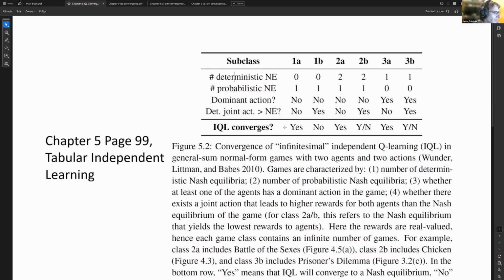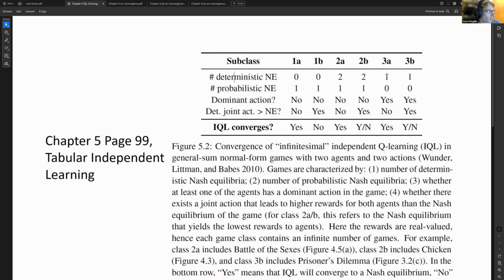And what's being shown here is, does this technique converge? Meaning, the agents are just trying to do their best independently. Does that actually converge to a solution? And there are cases where it does.